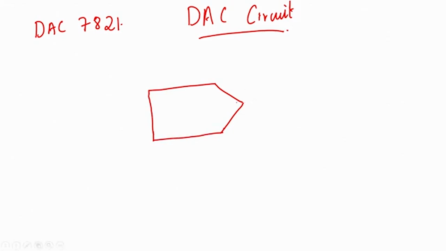So what are the main things? First is ground. Anyway, for any IC you will have ground. Then supply will be there, so VDD. Then because it is a digital to analog converter, it will have a reference voltage also, it is called Vref. Then what is it? Input.